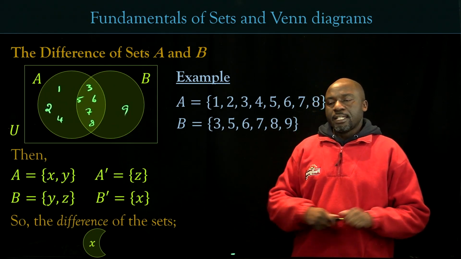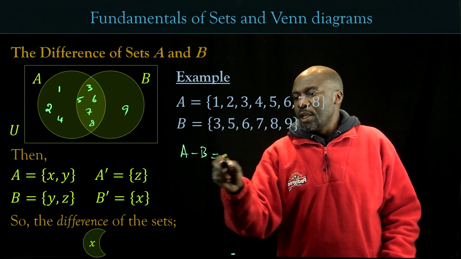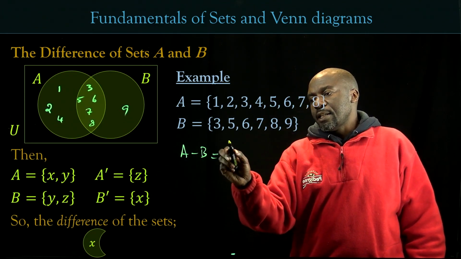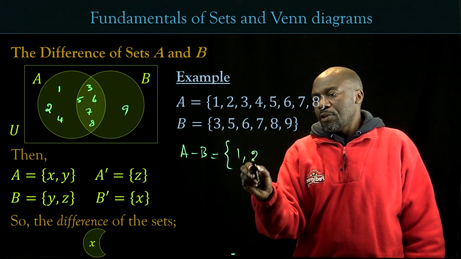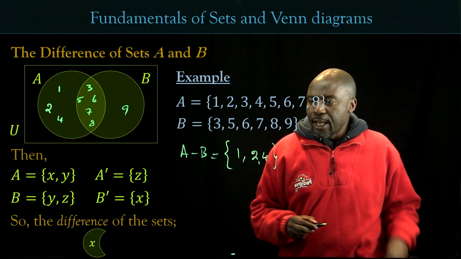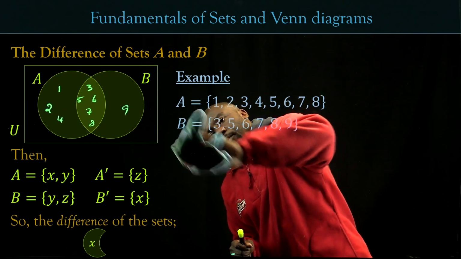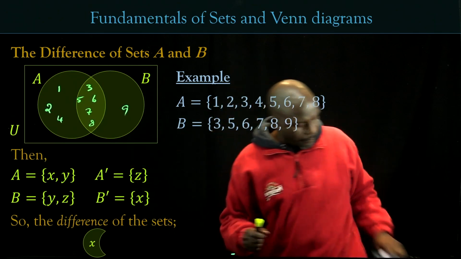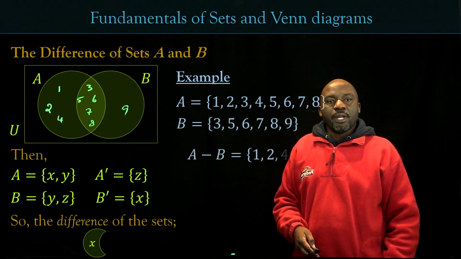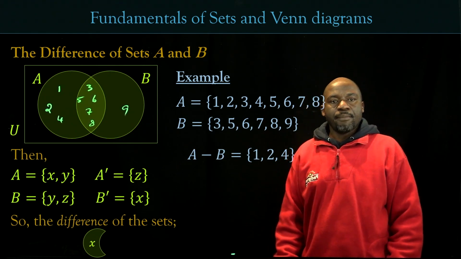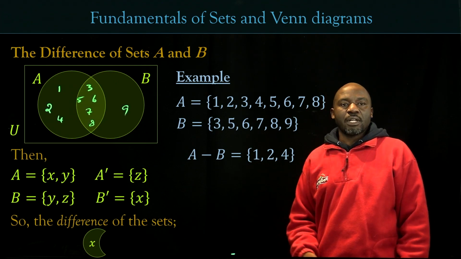So we can write that A minus B is the set of elements that are in set A but not in set B, and that is just 1, 2, and 4. Okay? I hope that's clear. We could use the same thing to reason the other way around. So elements of set A minus B is simply 1, 2, and 4, like that. There's nothing difficult about this.